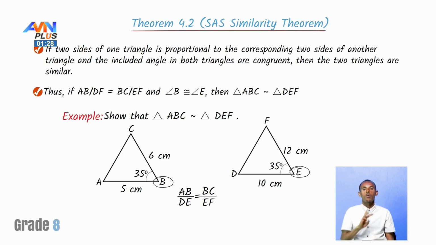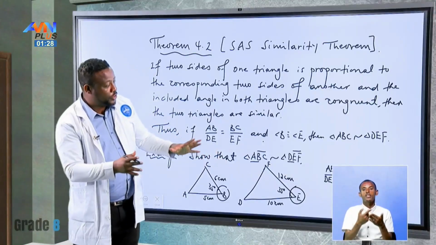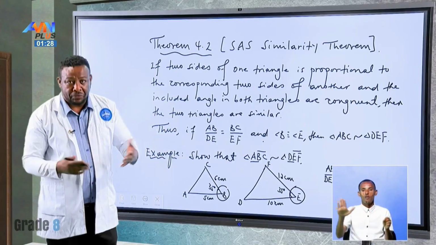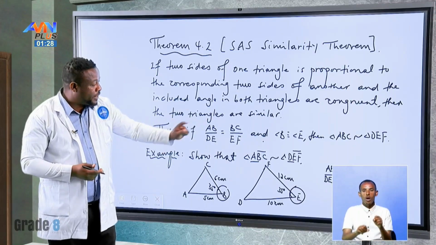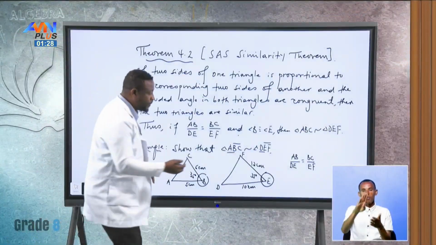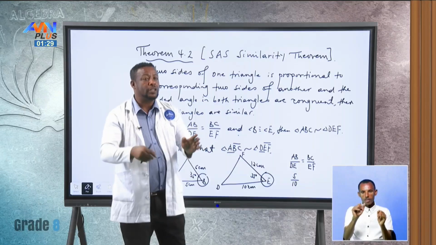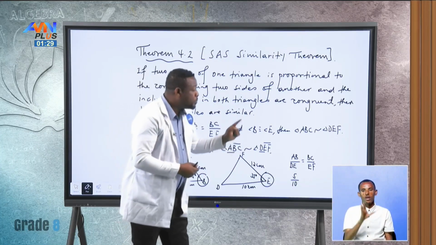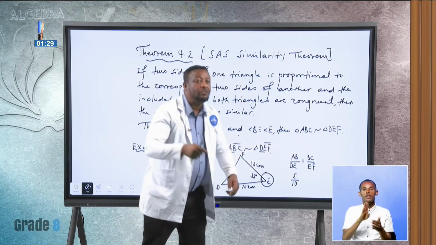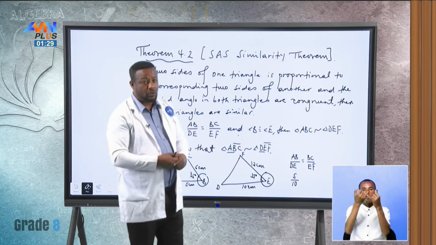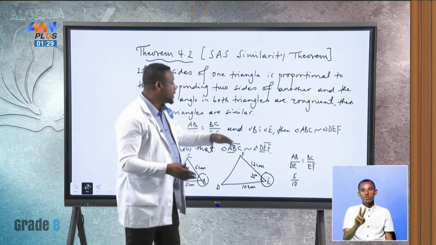We need to have this condition fulfilled, right? So as you can see here, AB is 5, and DE is 10, okay? The simplified form of 5 over 10 is 1 over 2, as you can check. BC over EF must also be 1 over 2. Otherwise, these two triangles are not similar.